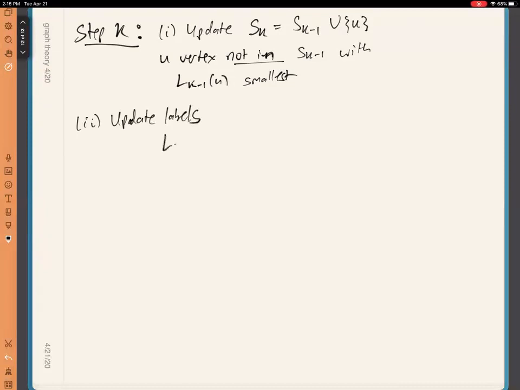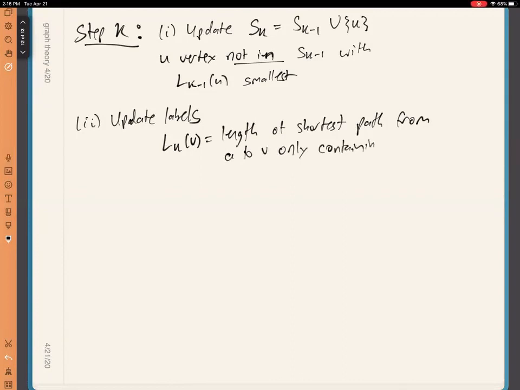And so we let Lk of V be the length of the shortest path from A to V. But again, we're only allowed to consider paths which only contain vertices in Sk and also V. And so if there is no such path, again, we keep the label infinite.